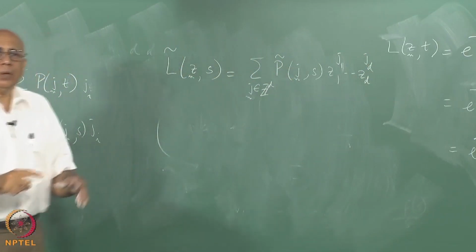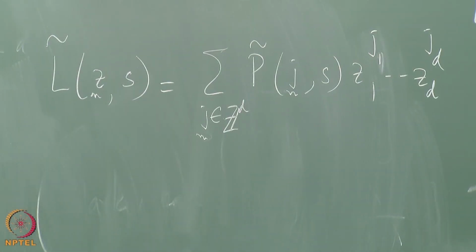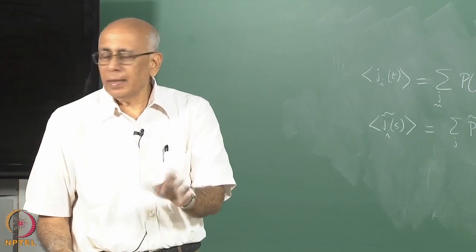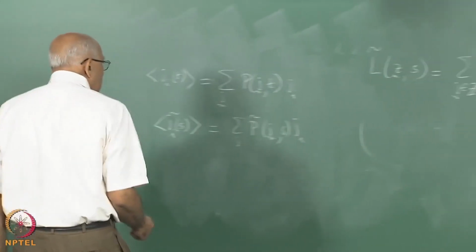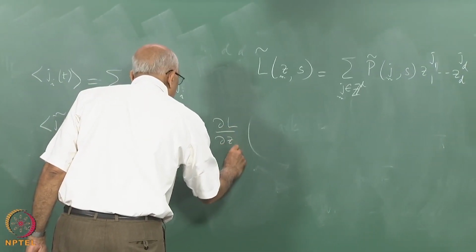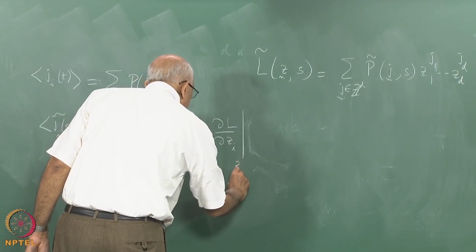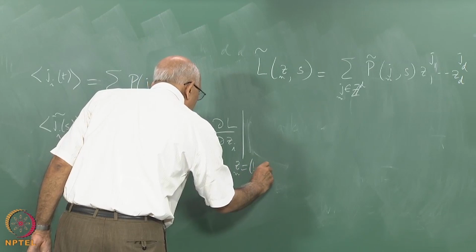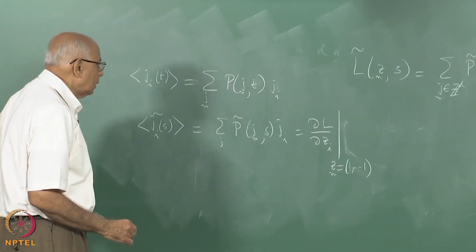I want to pull the one power of j_i down. What should I do? Differentiate with respect to that particular z and then set all the z's equal to 1. So this is equal to delta L over delta z_i at all z equal to 1, all z components equal to 1.